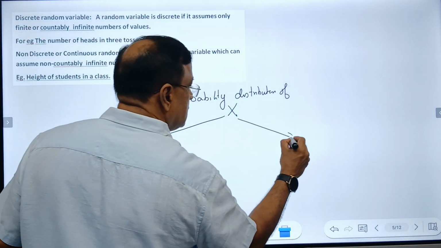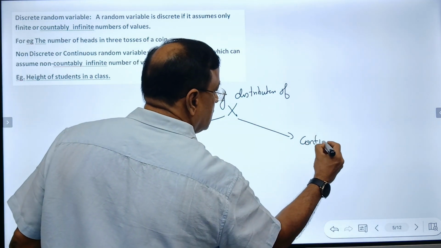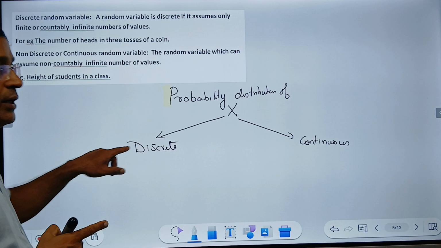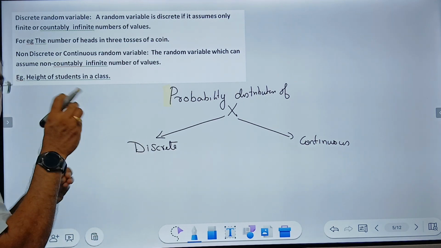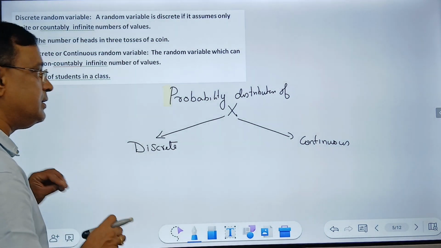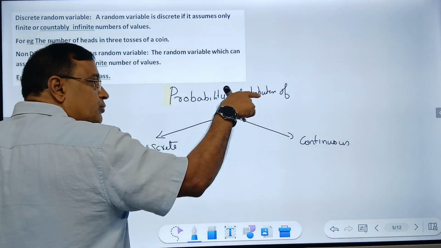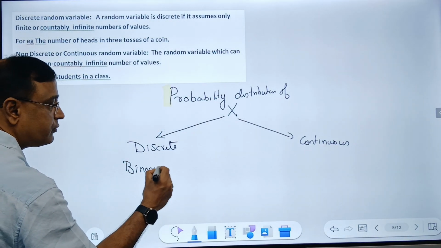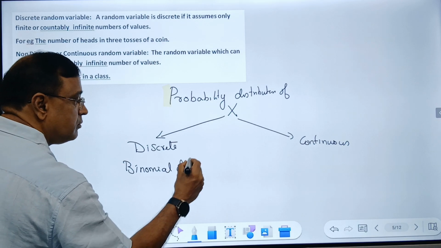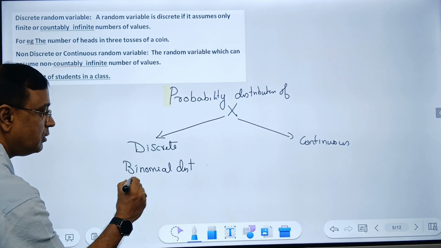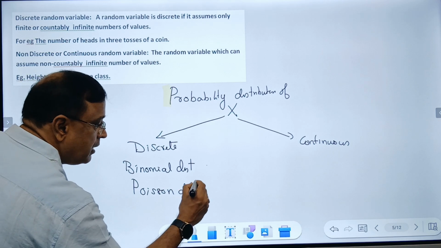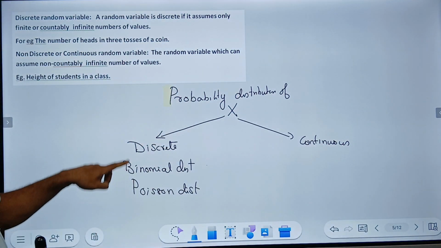Another one is continuous. Now, for a discrete random variable with some special conditions, we'll come to those things later, this probability distribution will be called binomial distribution, or you can even call it one more, Poisson distribution. Both come under the category of discrete.